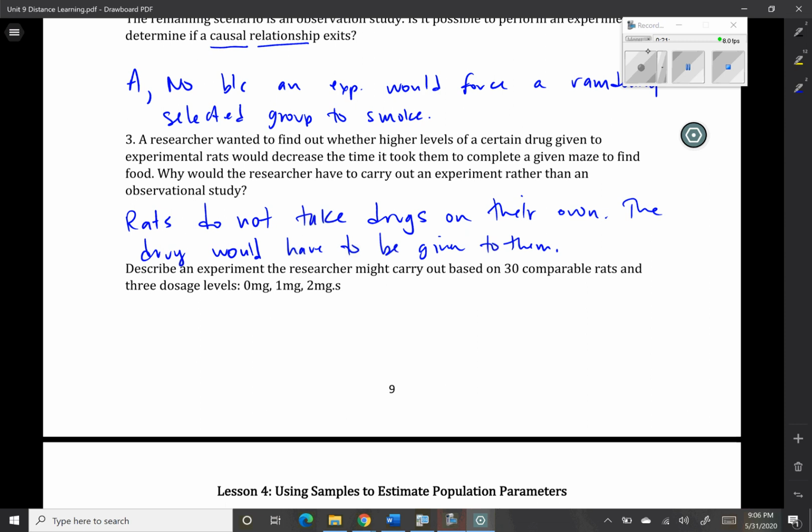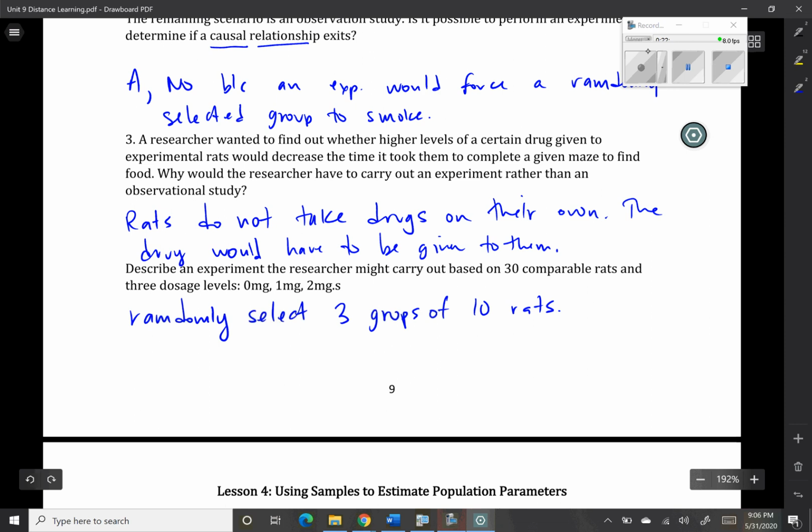So then it says, describe an experiment the researcher might carry out based on 30 comparable rats on the 3 doses, 0, 1, and 2. So we'd have to randomly select 3 groups of 10 rats. So we're randomly assigning these rats to 3 different groups, each group having the same number of rats, okay?